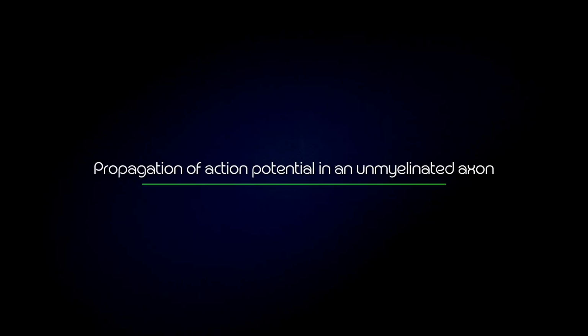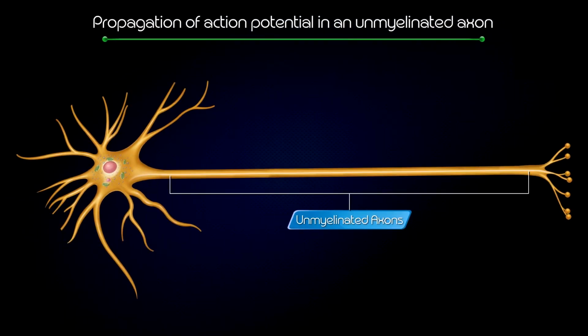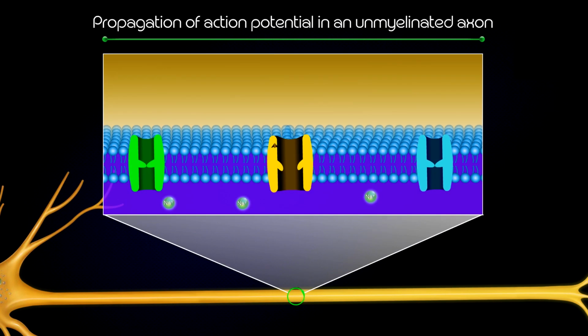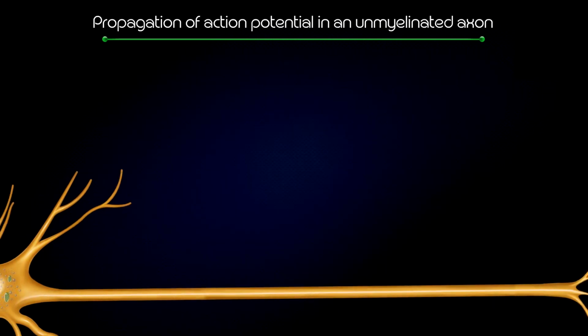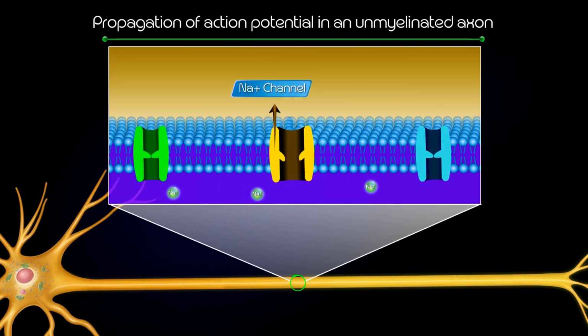Propagation of action potential in an unmyelinated axon. In unmyelinated axons, action potentials propagate as an interaction between passively spreading membrane depolarization and voltage-gated sodium channels. When one segment of cell membrane is depolarized enough to open its voltage-gated sodium channels, sodium enters the cell by facilitated diffusion.